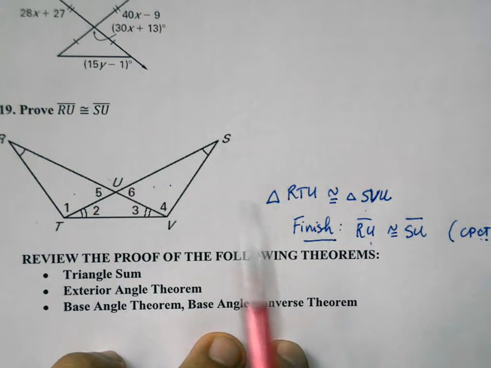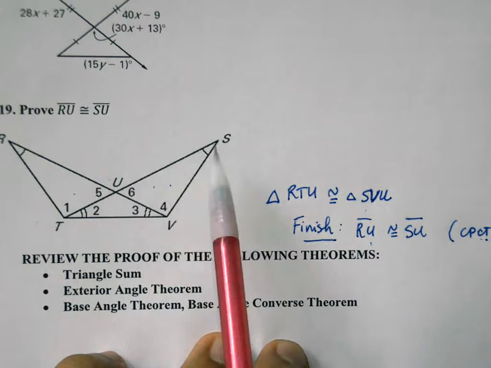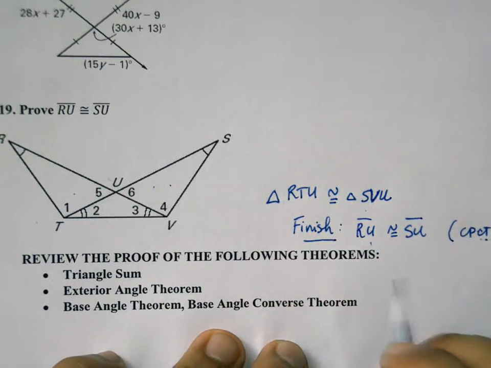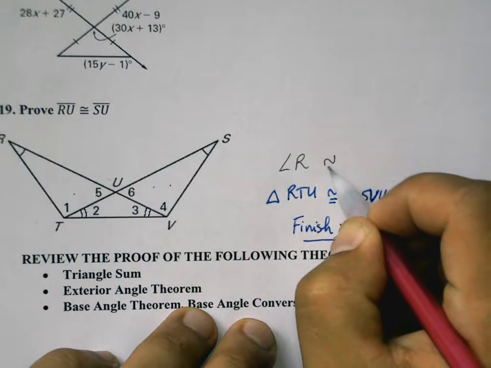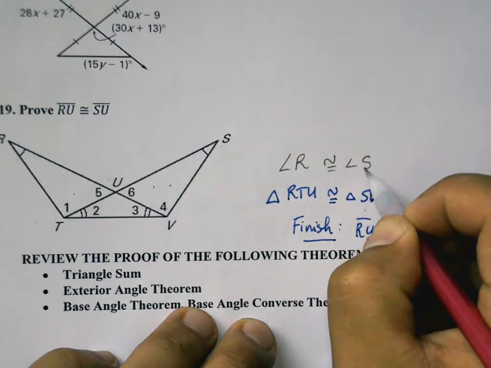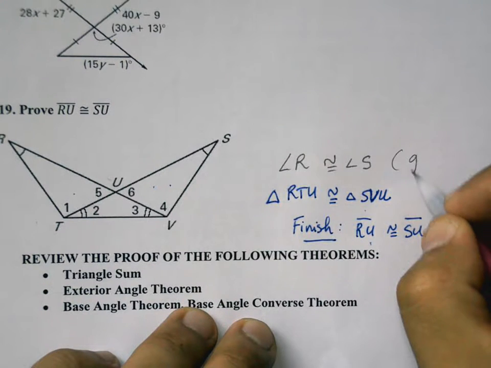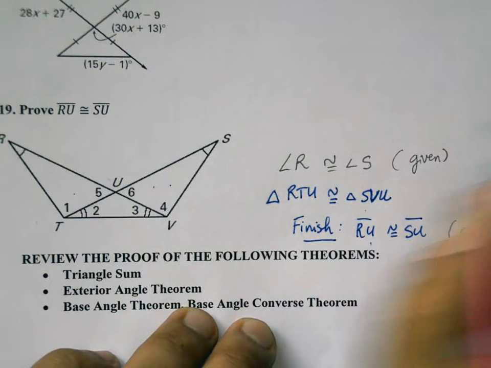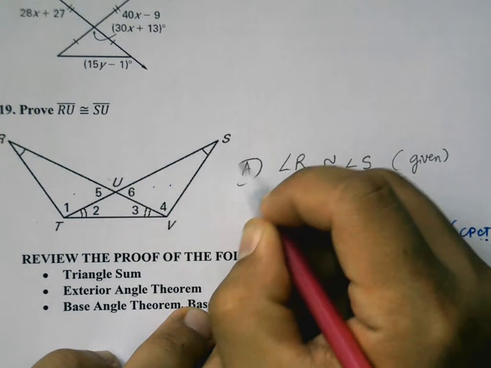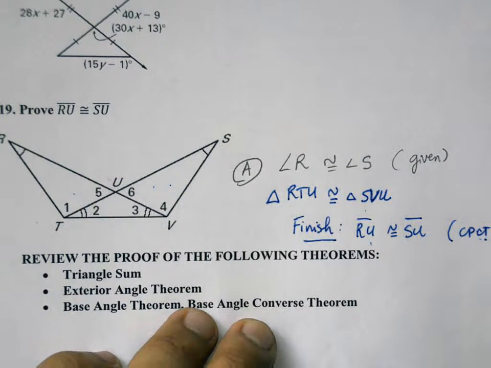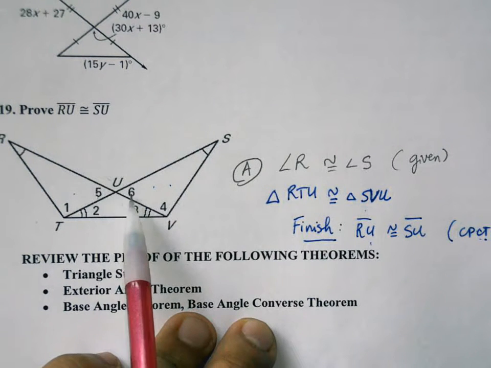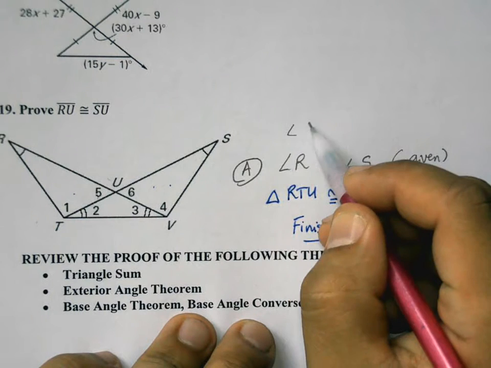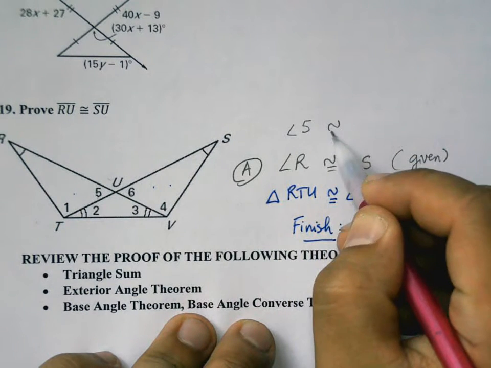The first thing that we can see here is that angle R and angle S are in fact congruent. That's already given, so that's really nice. I'm going to highlight this with an A so that we know that I have an angle already. Then you can see in the picture that angle 5 and angle 6 are vertical angles, so those as well must be congruent.